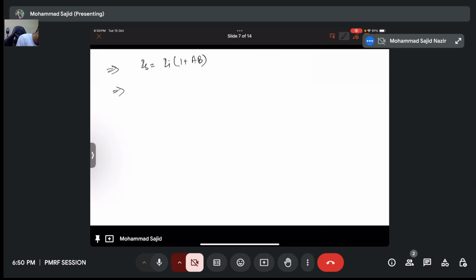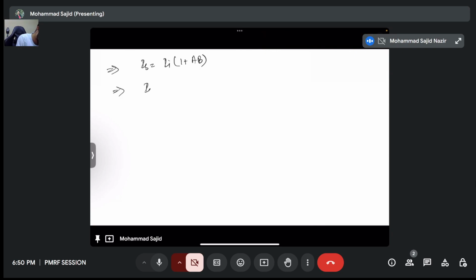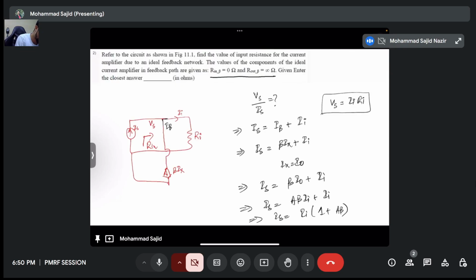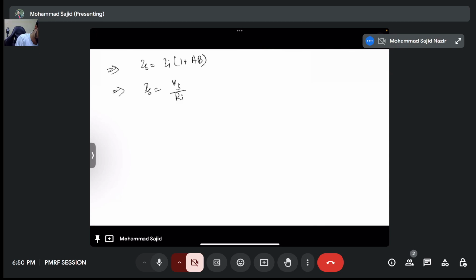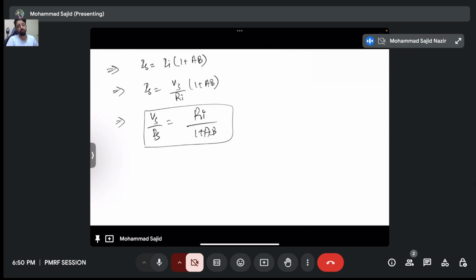So in place of I, I can write Vs by Ri. So my Vs by Is is Ri divided by 1 plus A beta. So Ri is my initial input resistance, and it gets divided by 1 plus A beta.